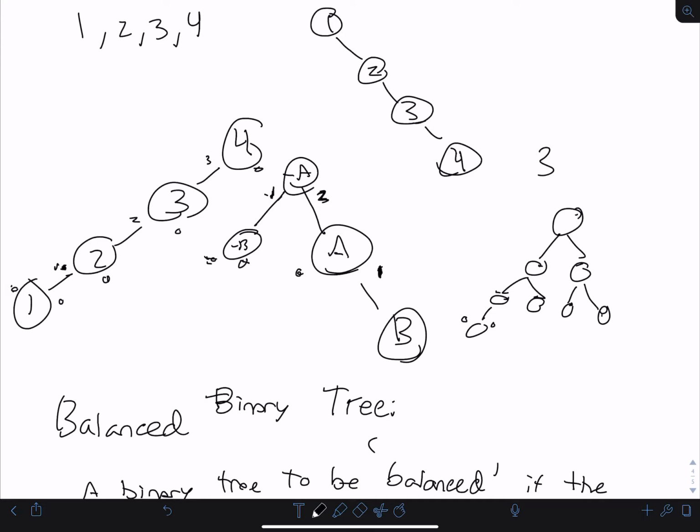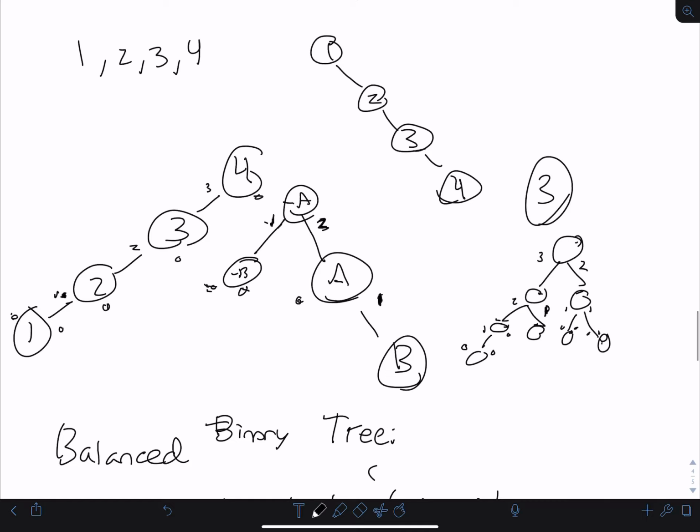So 0, 0, 1, 0, 2, 0. Well, sorry, 2, 1. And then 3, 0, 0, 0, 0, 1, 1, 2. You pick the biggest number, and there you go. If that property holds true, which is not holding true in this case here because the height is 3, but we only have 4 elements, which should tell us that the ideal height for a balanced tree should actually be height 2.